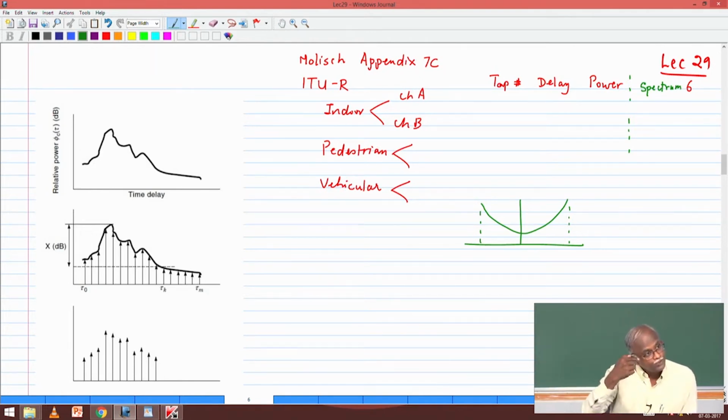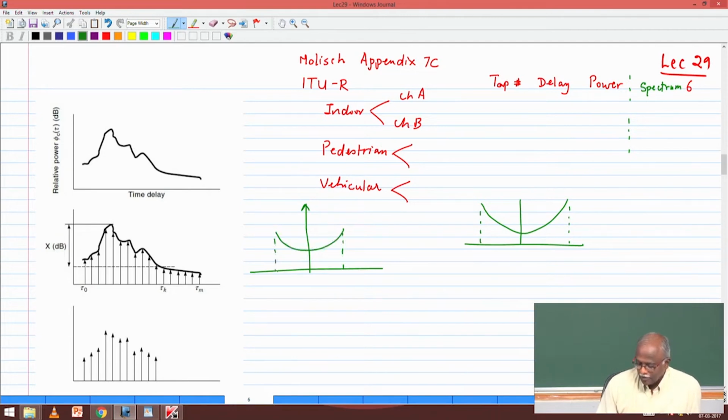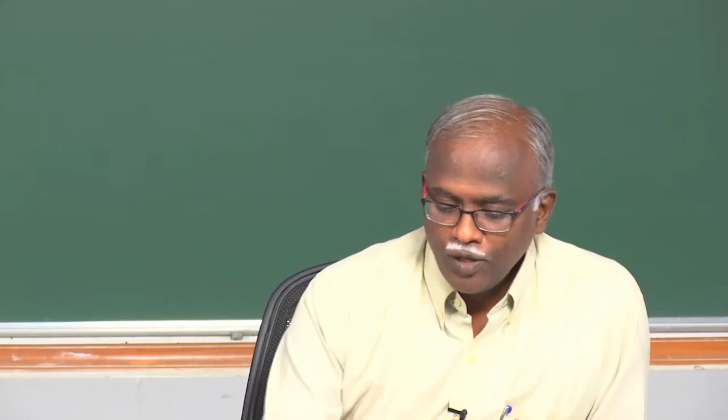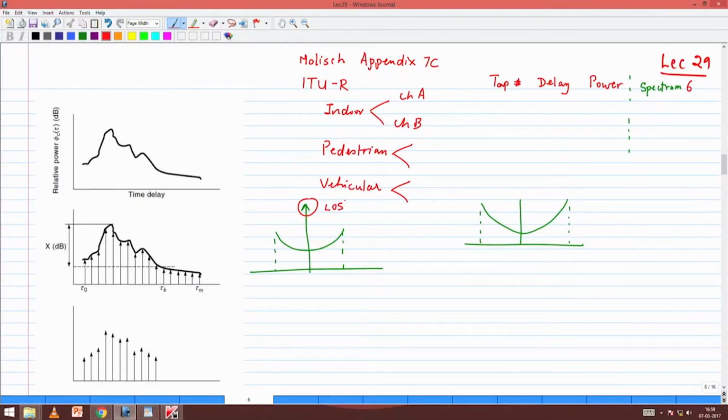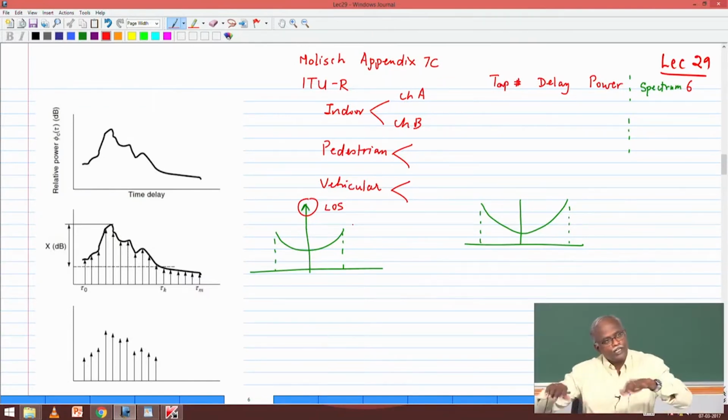For example, tap 0 may be specified as a Rayleigh distribution. Is this correct? This is the line of sight component. It's like a constant that is always present, and this is the Doppler spectrum for the Rayleigh component.